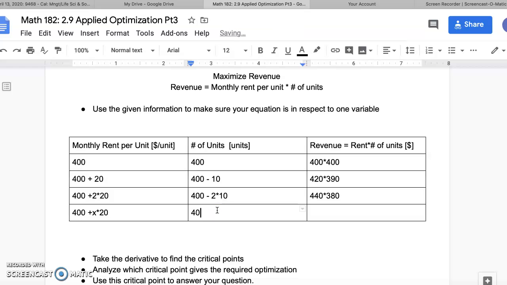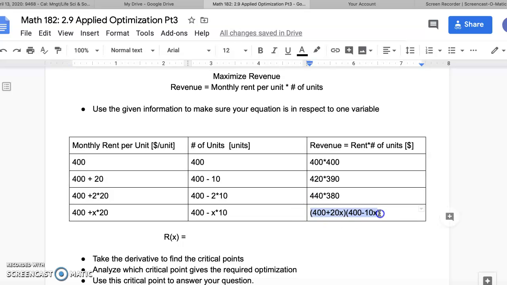Well, each increase of 20 bucks is going to lose you that same number of groups of 10 people. And so we end up with a revenue for that general situation of 400 plus 20x times 400 minus 10x. And that leads us to our revenue function. So our revenue function is going to be working this out.